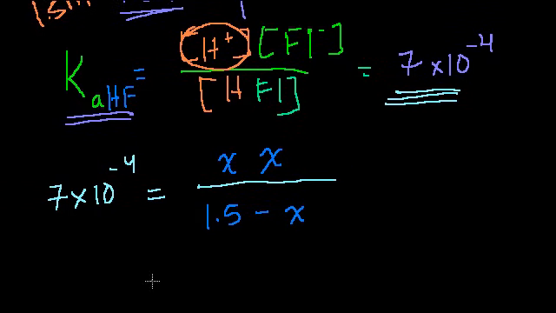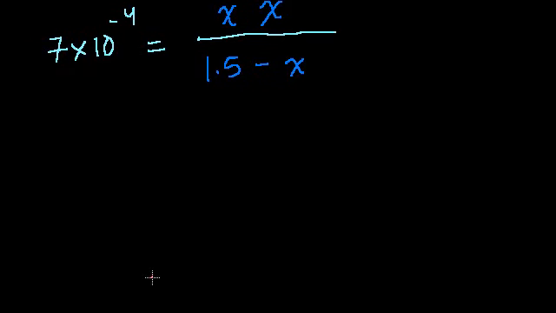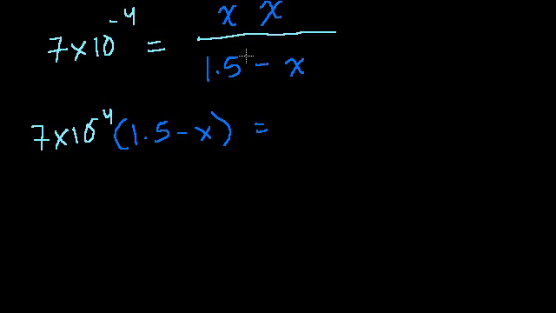So we get 7 times 10 to the minus 4. Let's multiply both sides by 1.5 minus X: 7 times 10 to the minus 4 times (1.5 minus X) is equal to X times X, which is X squared.